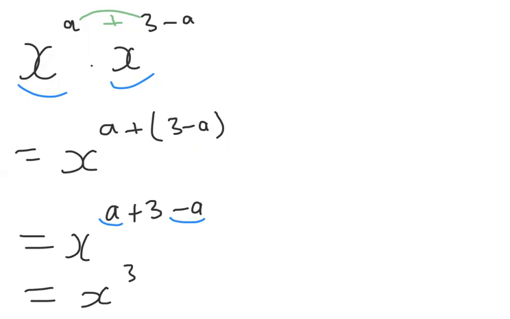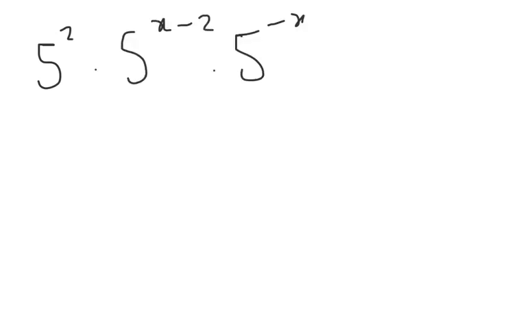All right. Next one. 5 squared times, let's write it properly. So it's 5 squared times 5 to the x minus 2 times 5 to the power minus x. So what I'm just going to do now, because the base is the same, I'm just going to put the 5 down and just going to add everything here on top.